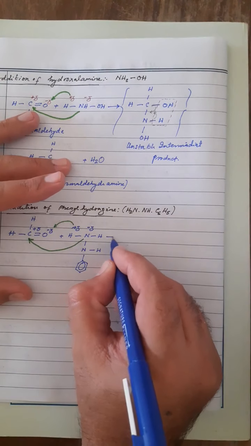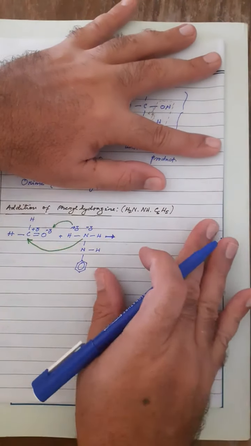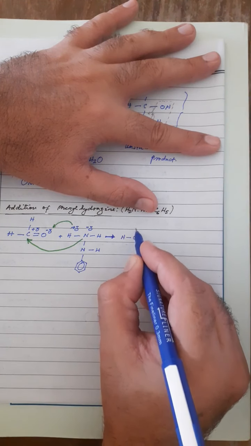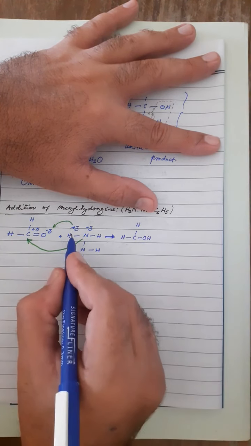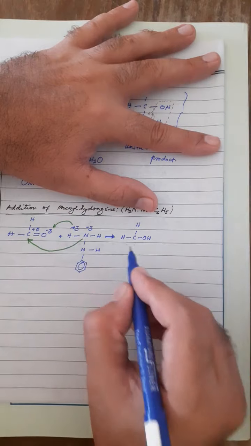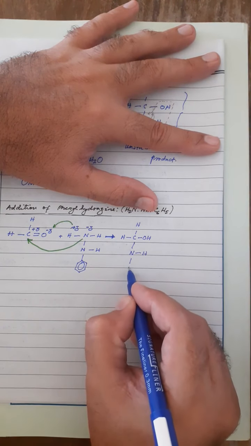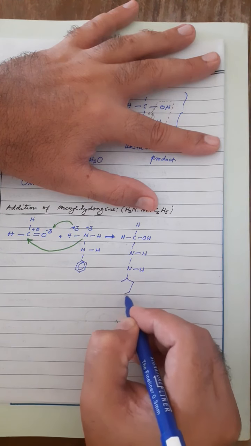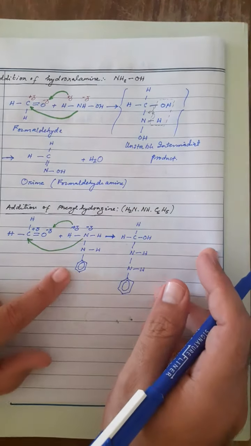I will try to save space here. So you have H, you have C, and then you have H here, and then you have OH because the H has bonded to oxygen. And then you have NH, and then NH, and then a benzene ring.